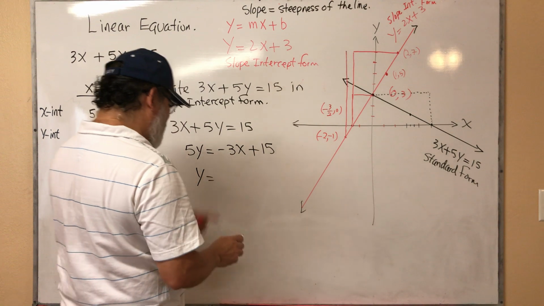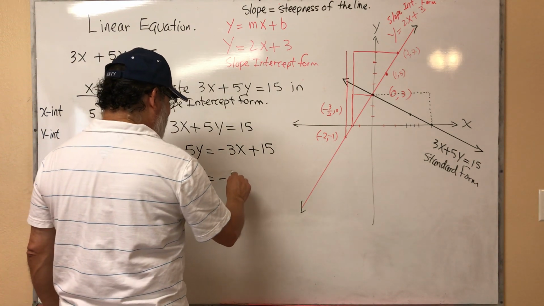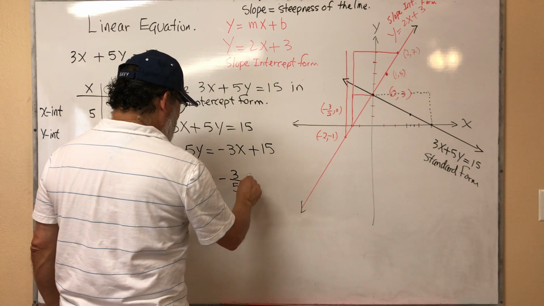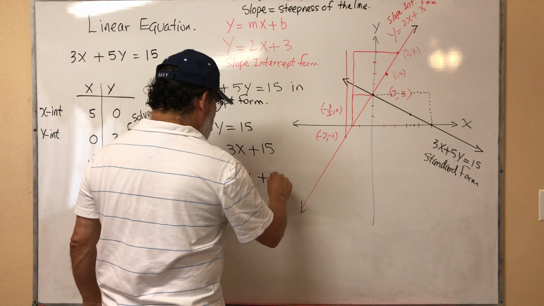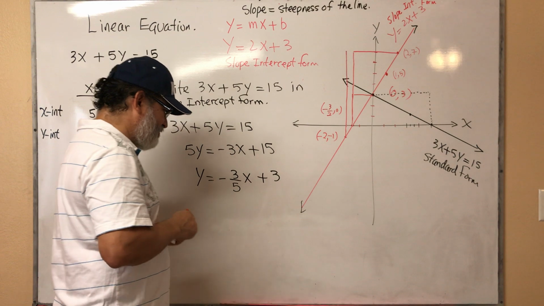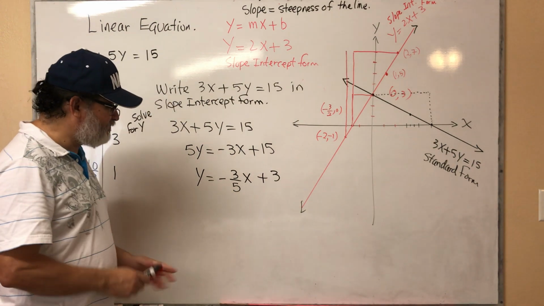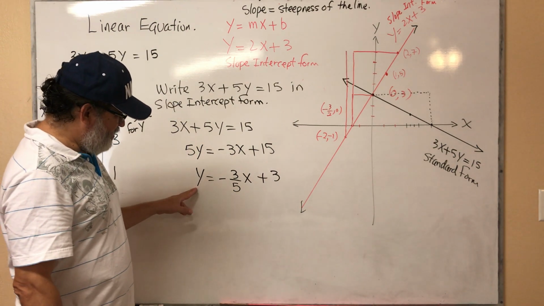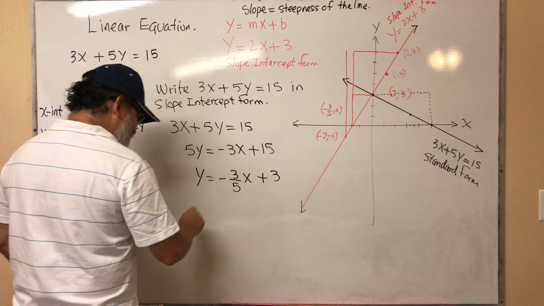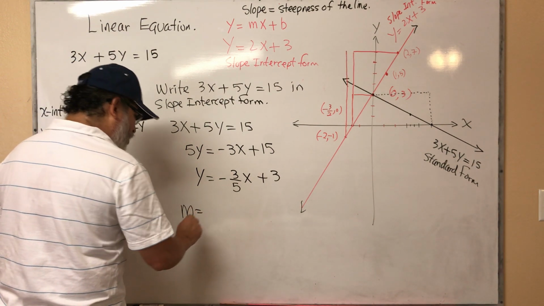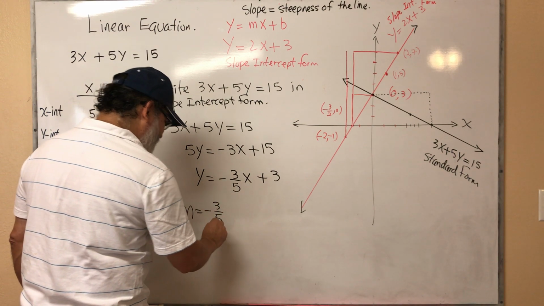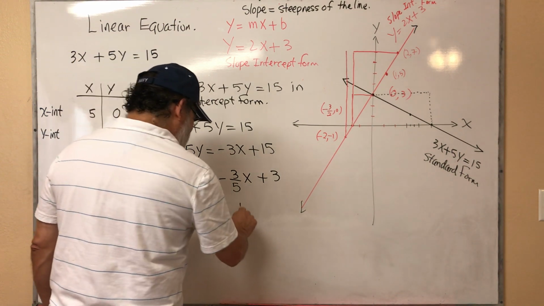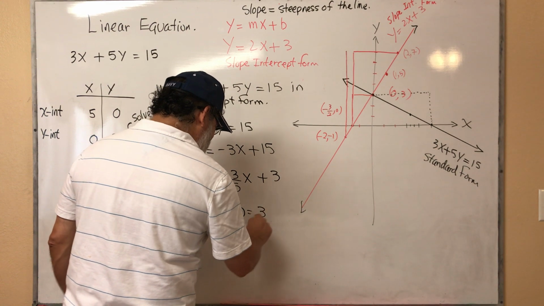Divide this by 5 and I get negative 3/5 x. Divide this by 5 and I get plus 3. Look. The slope of this dark line is negative 3/5, and the y-intercept is 3.